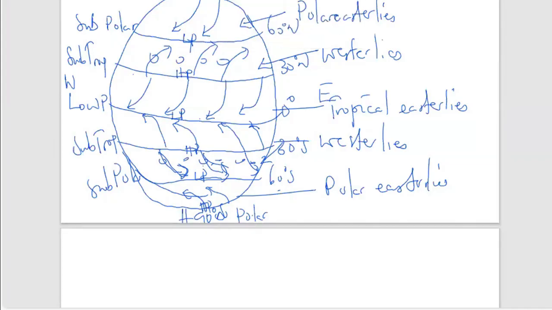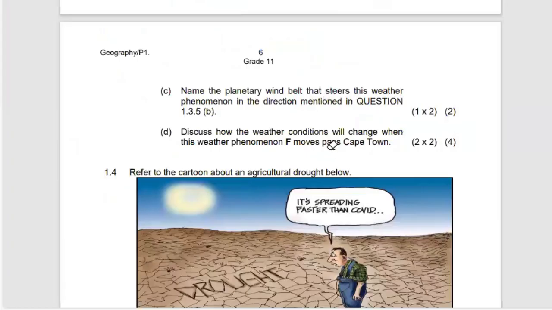We're just highlighting what steers the mid-latitude cyclones, what makes them move in that direction. It's because of them being steered within the westerly wind belt.